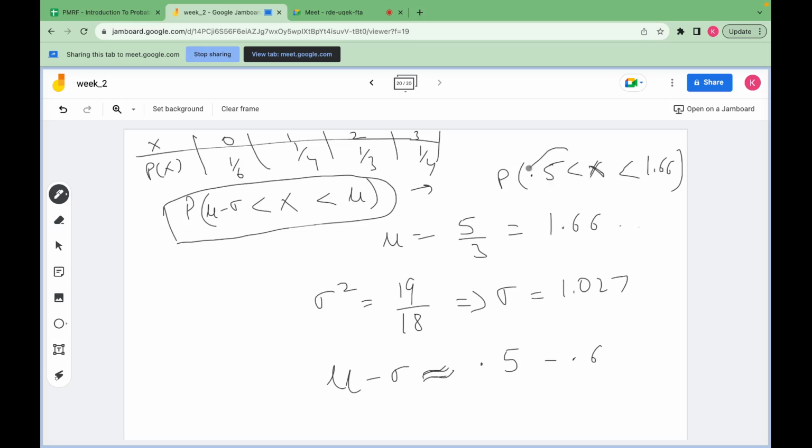The only possible value in our sample space for x in this range is 1. So the probability that x lies between 0.5 and 1.66 is the probability that x is equal to 1, which is 1 by 4. Okay, so the moment generating function tells you a lot about the actual distribution function.